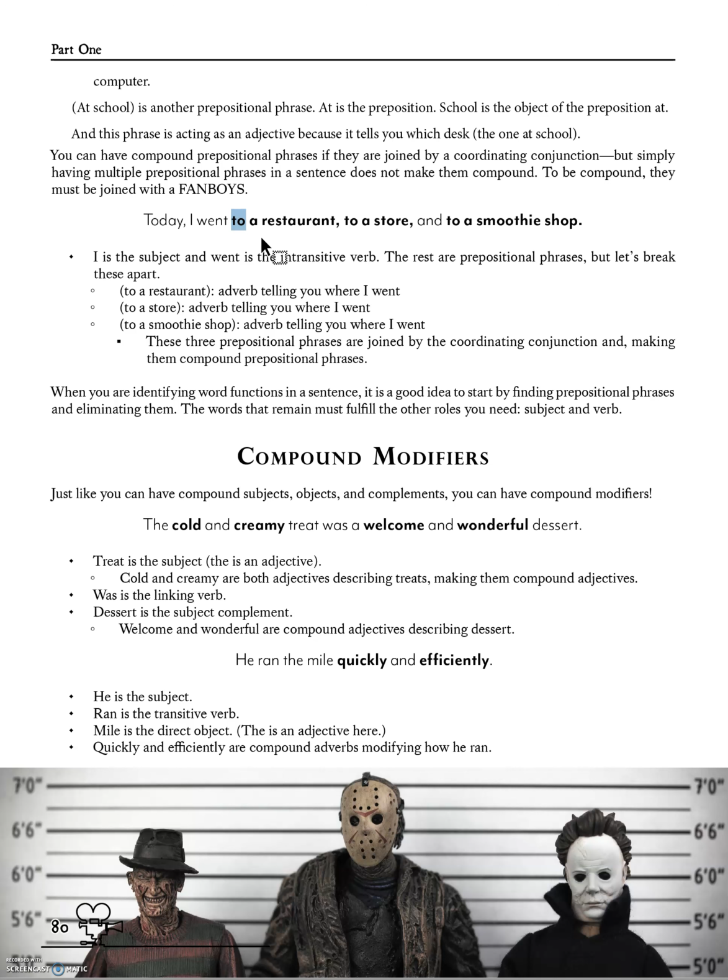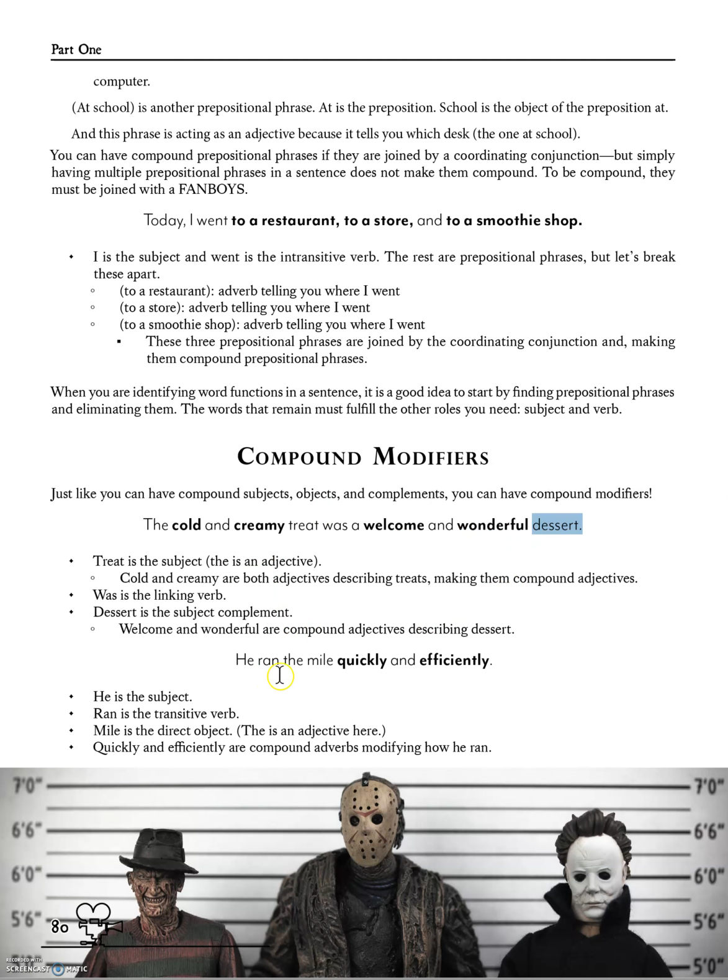Now, the other thing you want to be aware of is that, just like everything else, you can have compound subjects, compound verbs, compound objects, and complements. You can also have compound modifiers. And this just means you'll have more than one. So if you've got cold and creamy treat, cold and creamy are both adjectives describing that treat, and then welcome and wonderful are both adjectives describing that dessert. So those are compound adjectives.